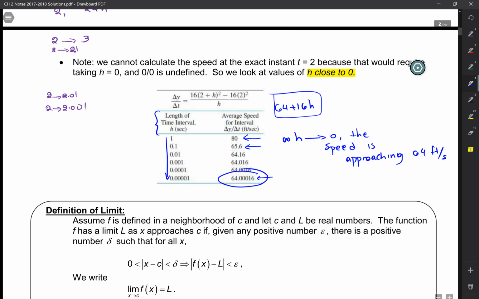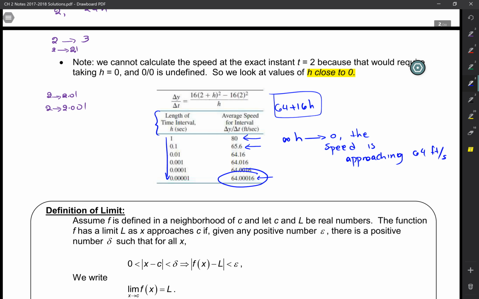So by taking 2 to 2 plus h, and by making h smaller and smaller, we could really zero in on the exact speed at t equals 2.